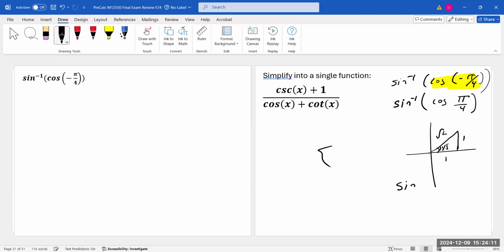So basically they're asking which angle of sine gives us 1 over √2? From here we have opposite 1, √2 is the hypotenuse. So this is the same as 45 degrees. So it's pi/4. So from the inner, we get a value, and based on the value, we get an angle for the inverse.